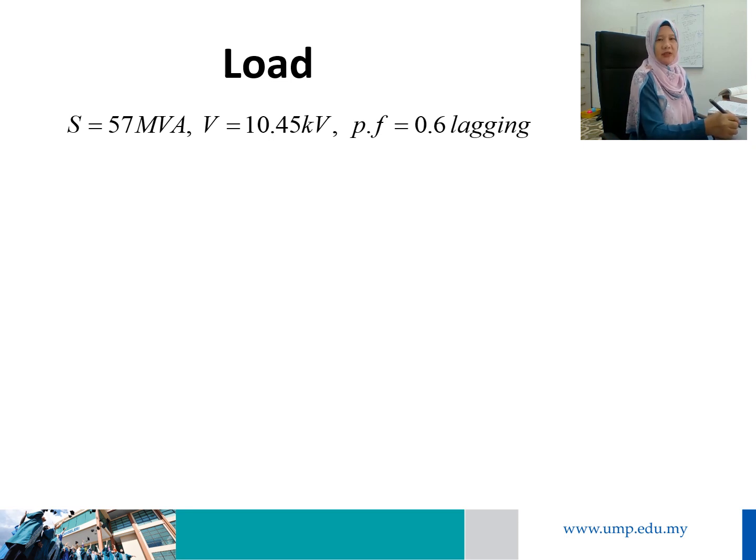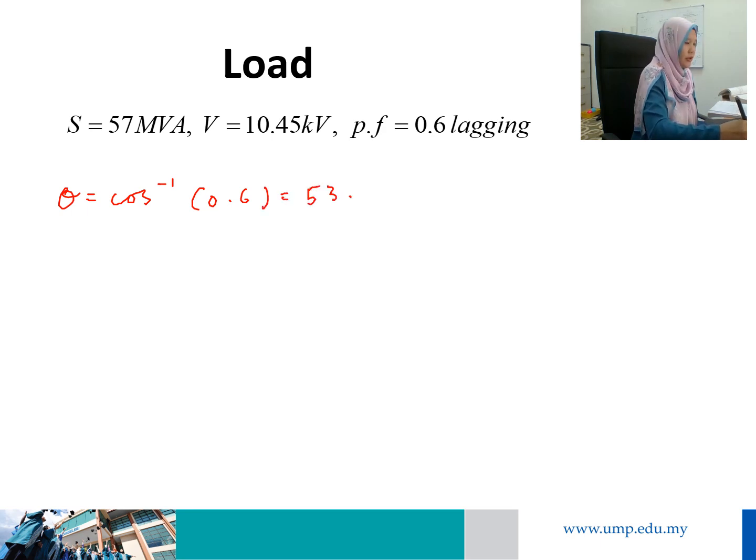Given the three-phase load S is equal to 57 MVA at 0.6 power factor lagging at 10.45 kV, and thus theta is equal to cos inverse 0.6, which is equal to 53.13 degrees.